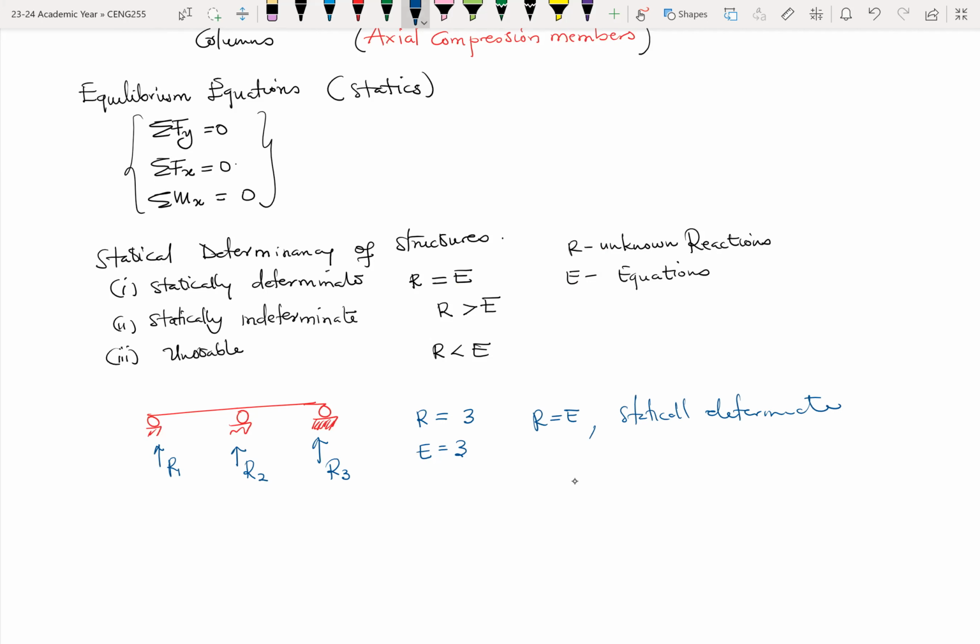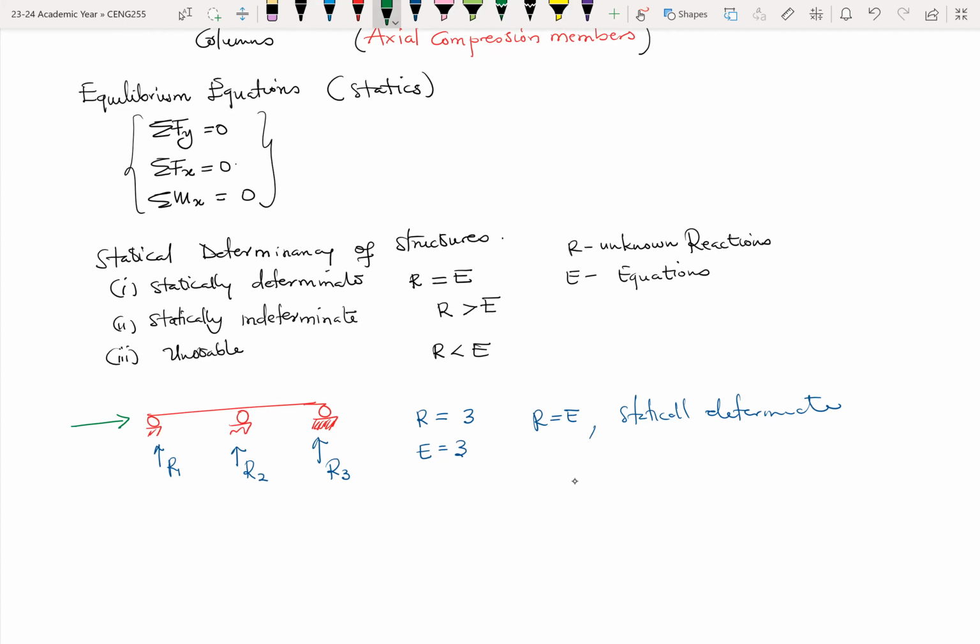But internally, this is not stable, and the reason is that it has no reaction in a particular direction. If I apply loads vertically, great, your beam can resist these loads. But let's say I take away these vertical loads, then apply horizontal loads.